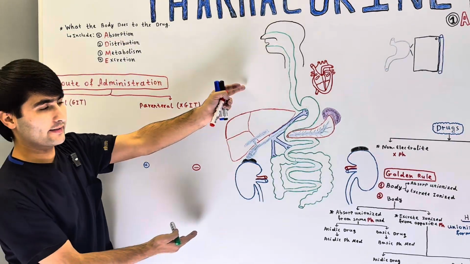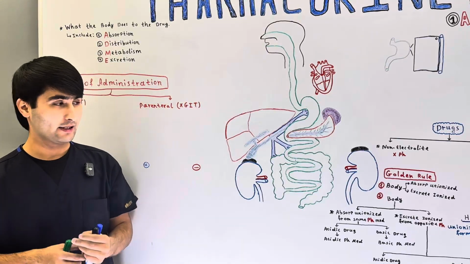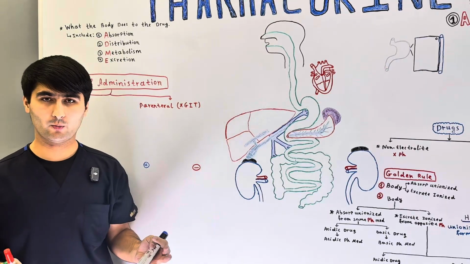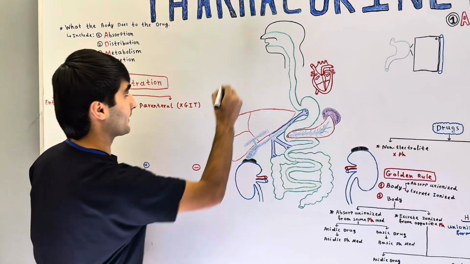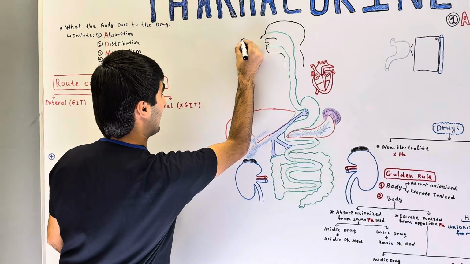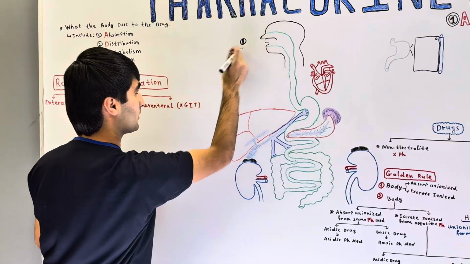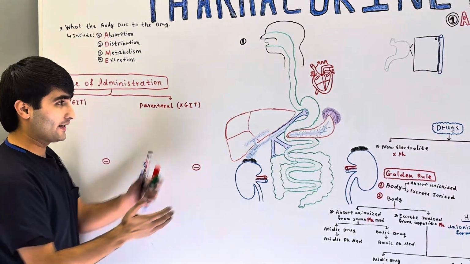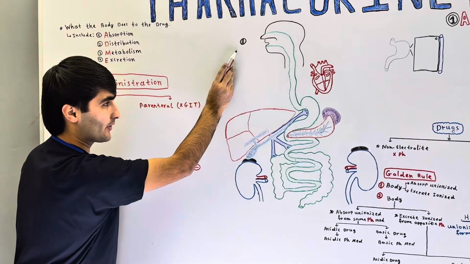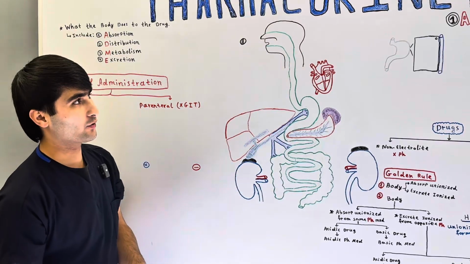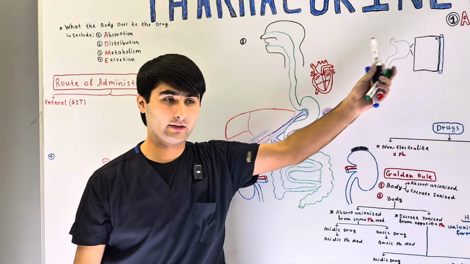So imagine this is a patient, and I'm a doctor. This patient comes to me with a complaint. As a doctor, I will prescribe a drug for this patient in order to eliminate his complaint. So this is a drug. When this patient takes this drug, everything that happens to the drug in his body is called pharmacokinetics.